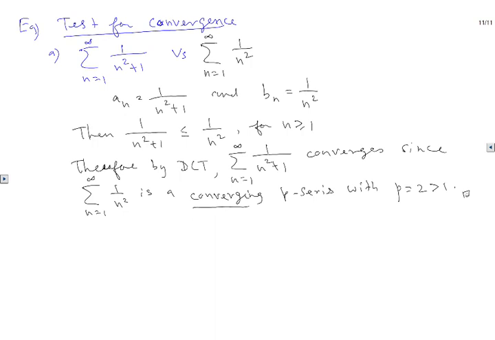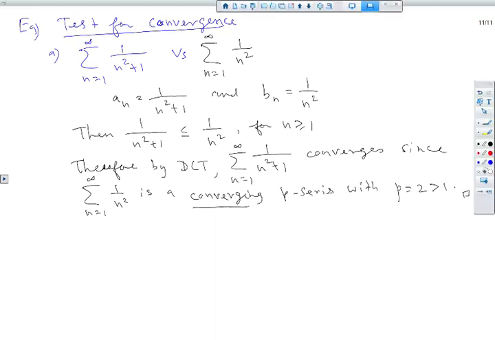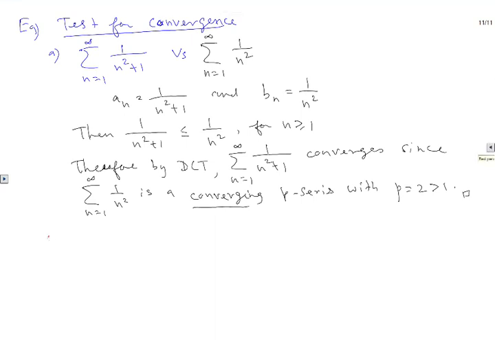Now you can see that if you try to apply this technique with the series n going from 1 to infinity of 1 over n squared minus 1, you get stuck, because the inequality goes backward.